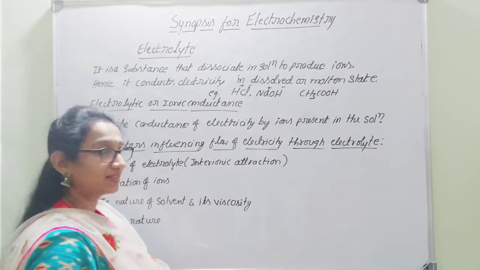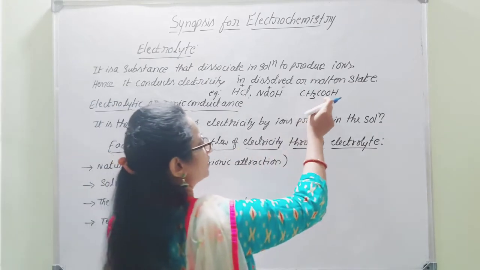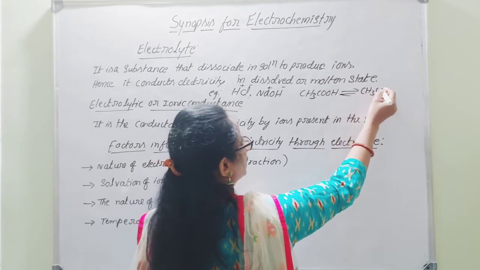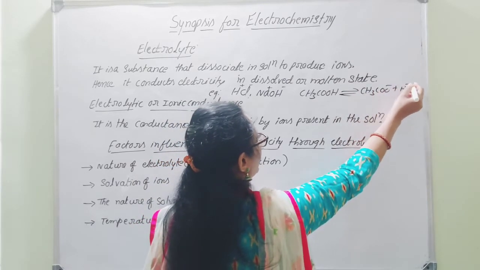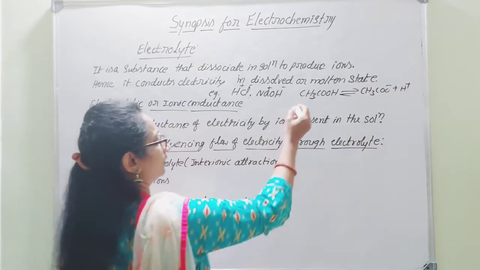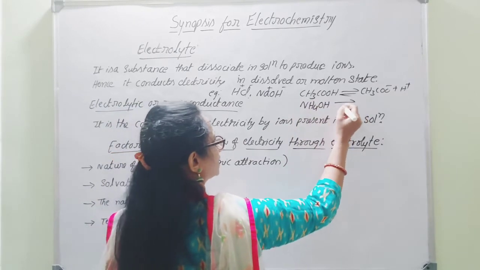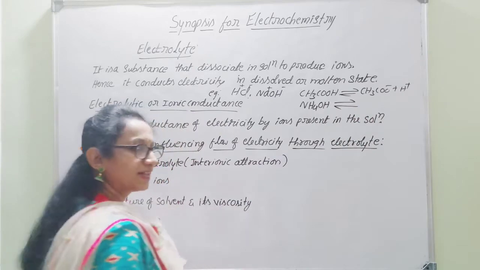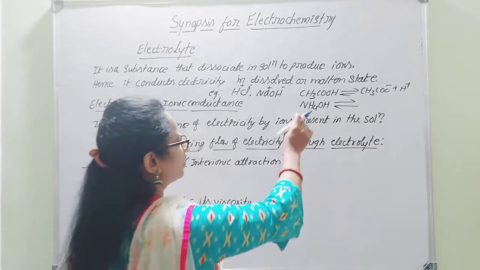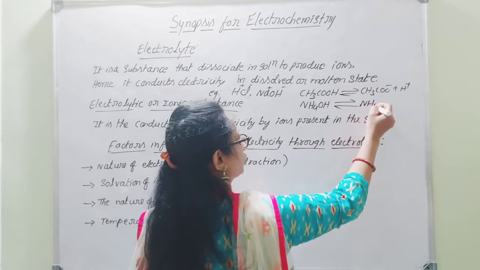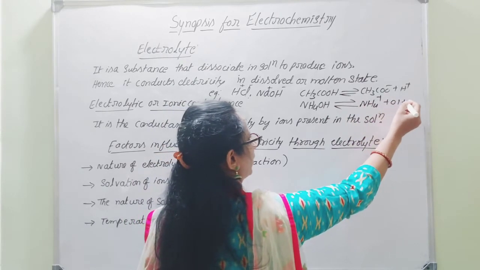It is a weak acid or weak electrolyte because it dissociates partially to give CH3COO minus and H plus. And if we consider a weak base like NH4OH, ammonium hydroxide, it is considered a weak base or weak electrolyte because it also dissociates partially to give NH4 plus and OH minus.